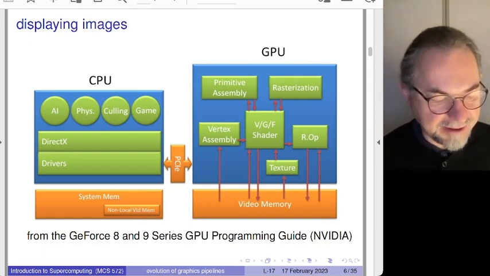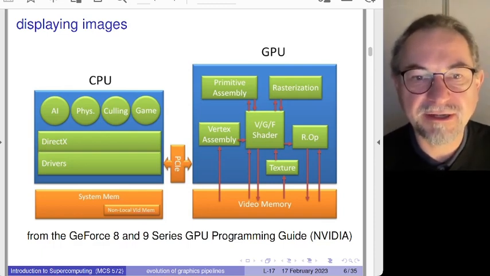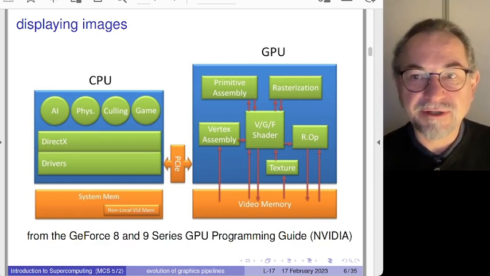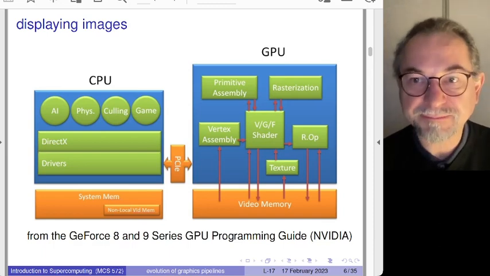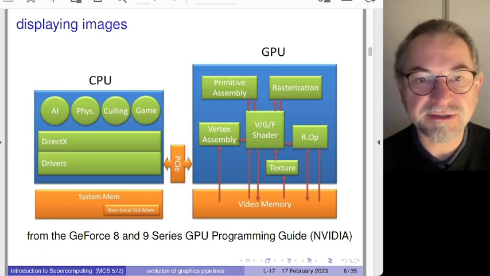So the PCIe is the peripheral component interconnect express. So this is a standard for high speed connections, high speed memory connections, between the CPU and the GPU.